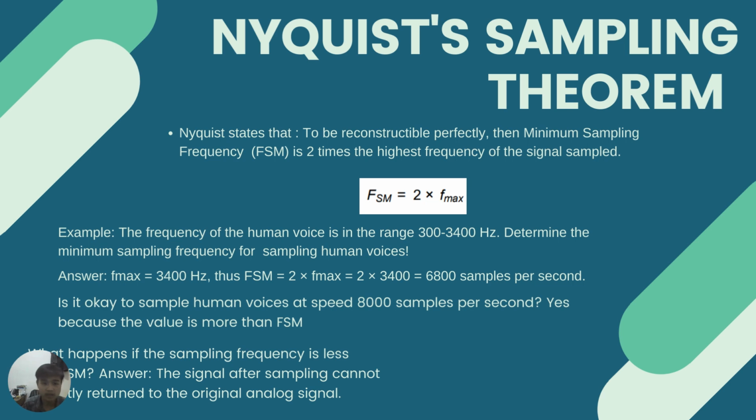The signal after sampling cannot be perfectly returned to the original analog signal. It means there is aliasing in our system if we sample below Fsm.